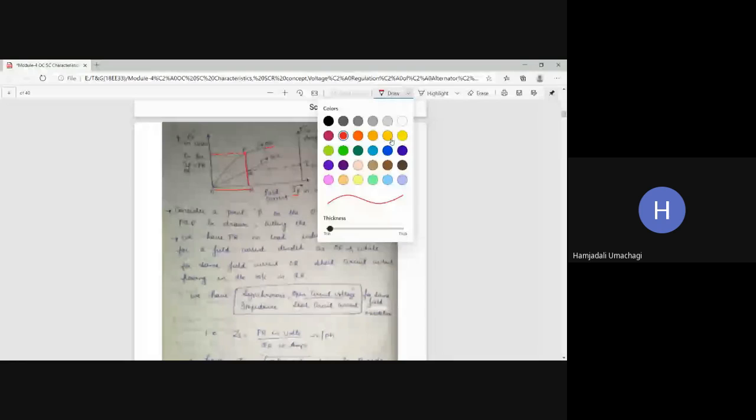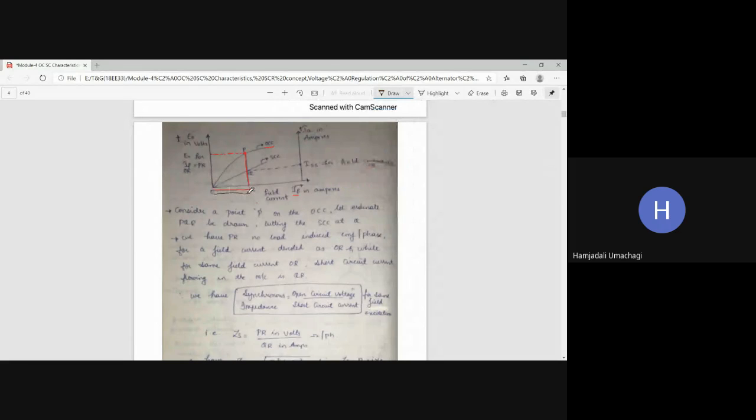While for the same field current OR, the short circuit armature current in the machine is QR. Here you can see that for the same field current OR, current means which curve should I refer to?